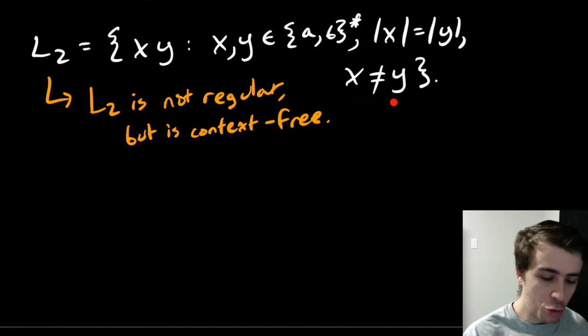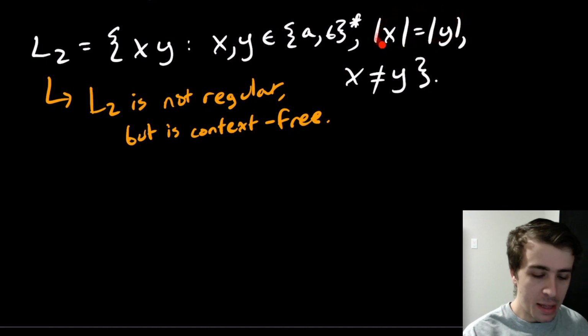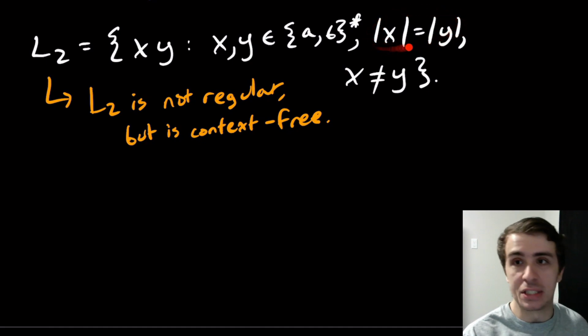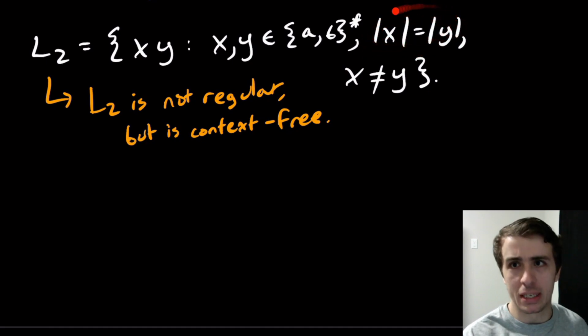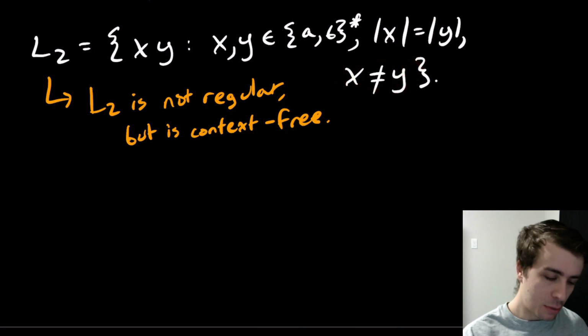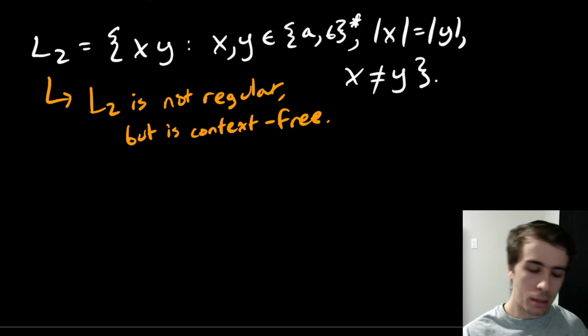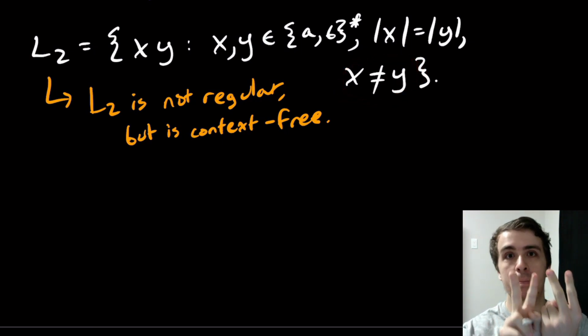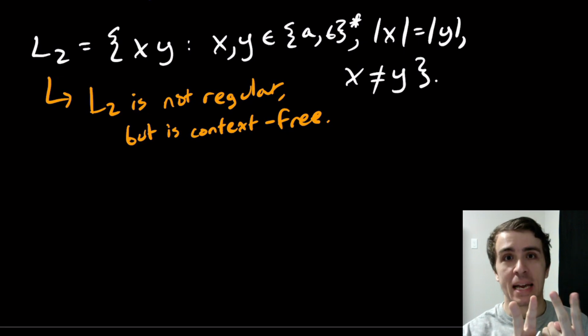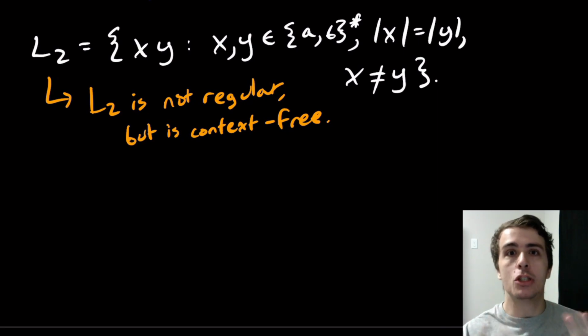And the reason it's so difficult is this part right here. This part right here is not actually really difficult to handle. It's this part that's difficult. If I want to show that it's not regular, then I have to start with the 2 pieces being not the same, and then pump into the string enough to where they become the same.